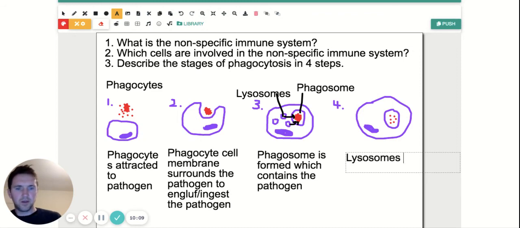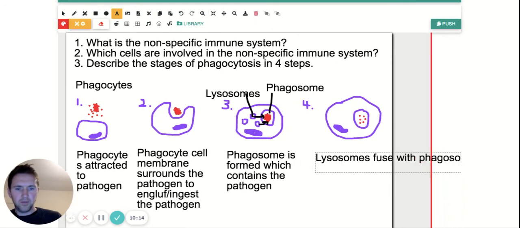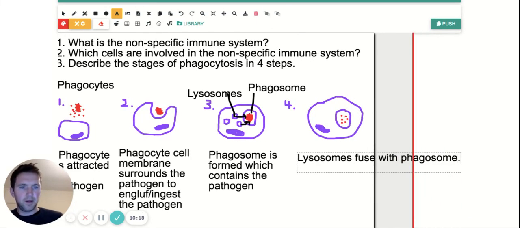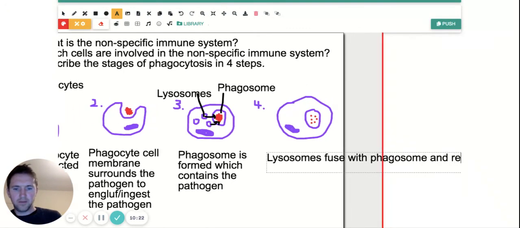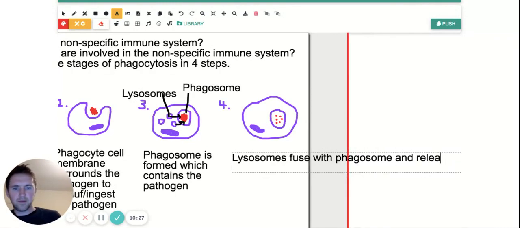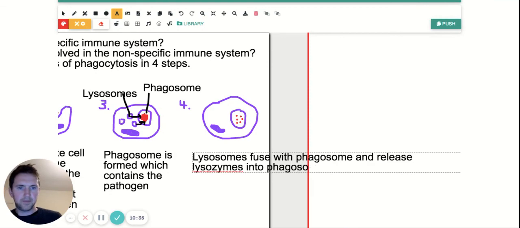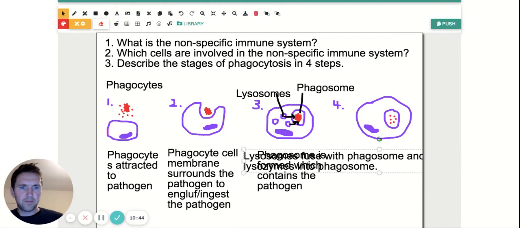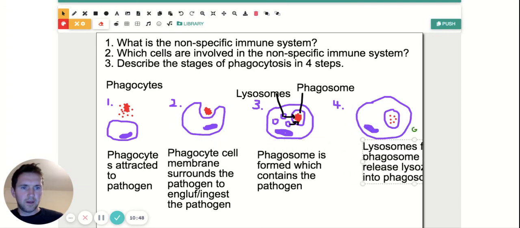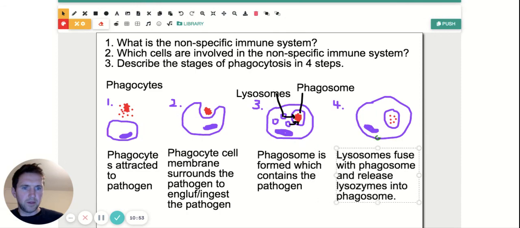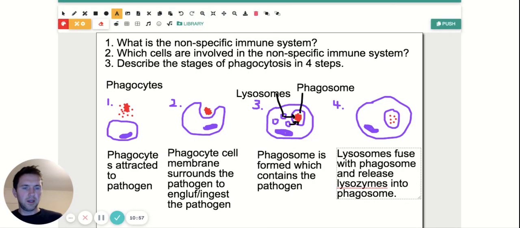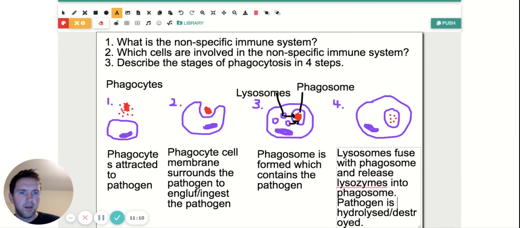So lysosomes fuse with the phagosome and release lysosomal enzymes into the phagosome. And the last thing you should really have added is that the pathogen is hydrolyzed or destroyed. Definitely do not say that the pathogen is killed.